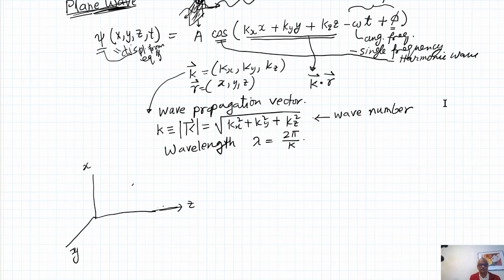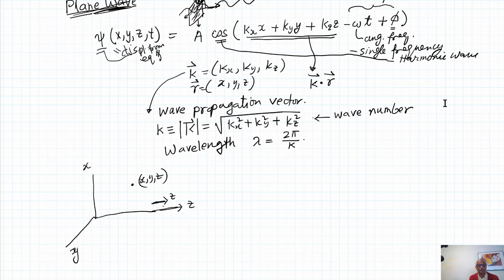So here is a point x, y, z, and I am going to say that my wave is traveling in the z direction.